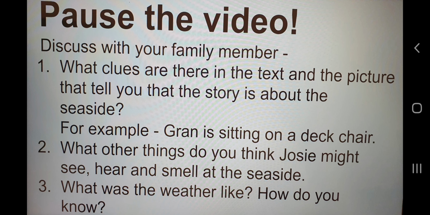First of all, what clues are there in the text and the picture that tell you that the story is going to be about something that happens at the seaside? For example, you can look at the picture and you can see that Gran is sitting on a deck chair. And a deck chair is a special foldable chair that we often take to the seaside.